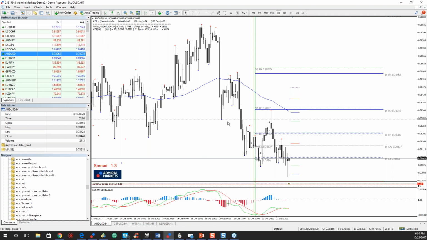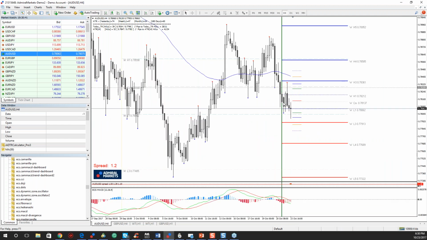Again, order block here. Let's use the 4-hour time frame. We have an order block here, guys, but also we have an order block here. So everything here is a zone, very low ATR. 39 today versus 55 for the last 14 days. This is slow.